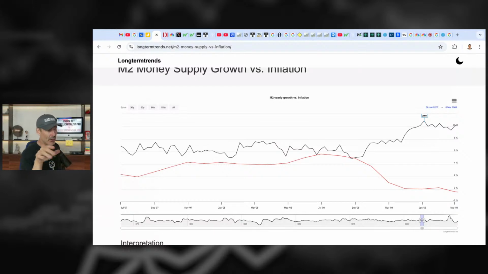And eerily enough, they not only dropped by 50, but they dropped from 5.25%, the exact same Fed funds rate that we had in 2024 when they took it down by the 50 basis points.